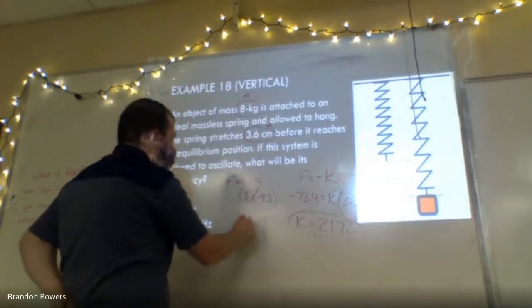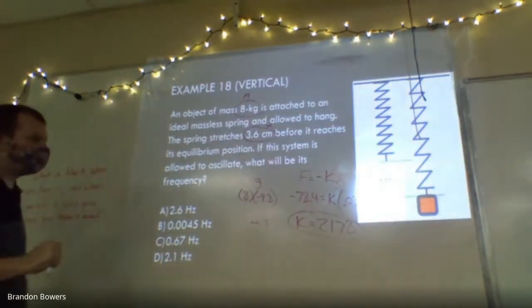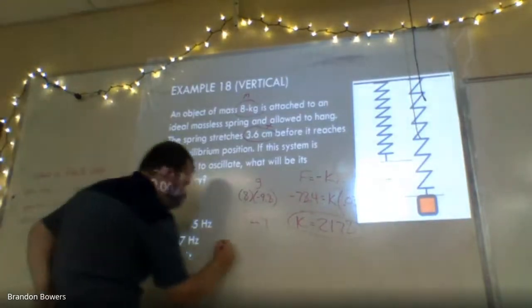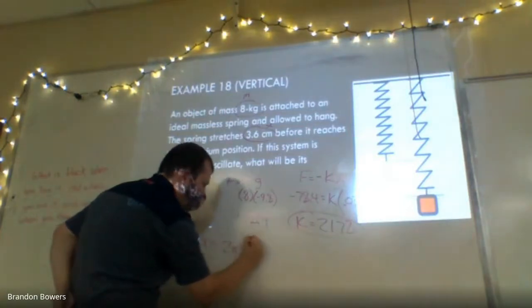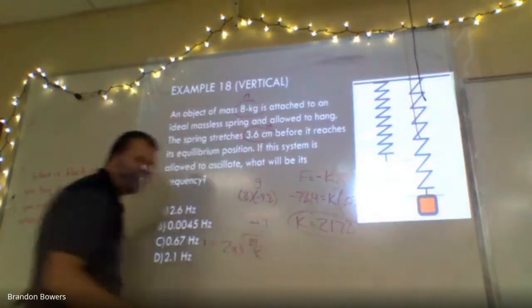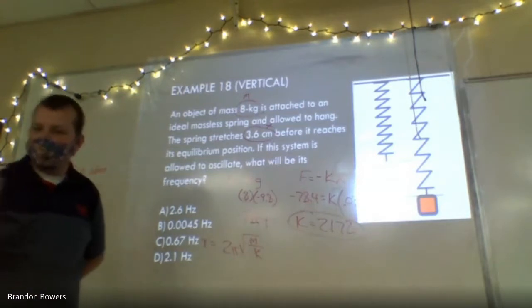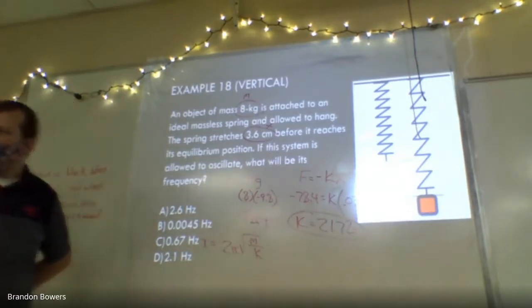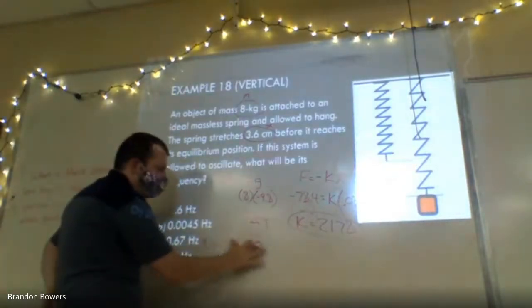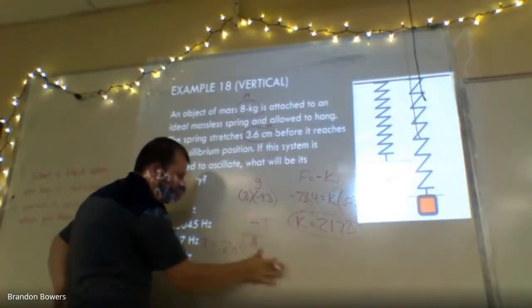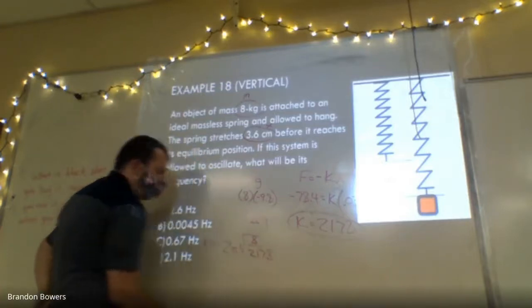I have my force. What equation am I going to use for frequency now? 2 pi square root m over k. Yes. Mass is 8. I just solved for k. K is 2,178.